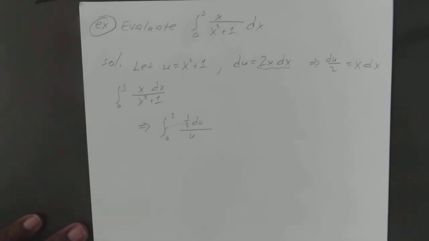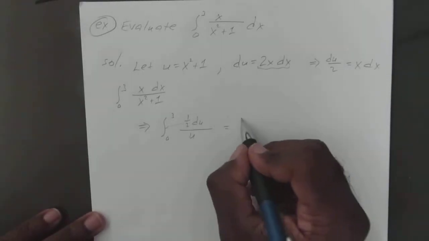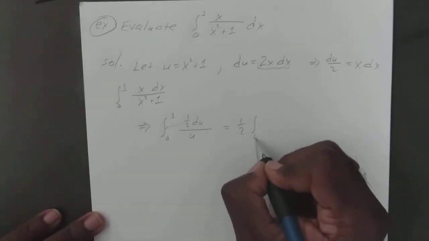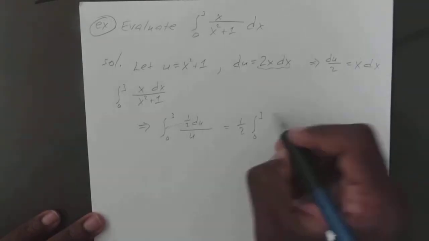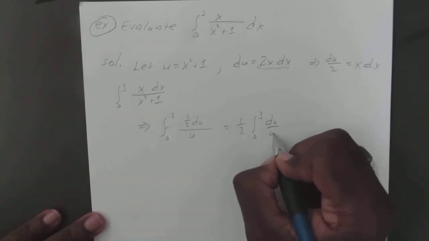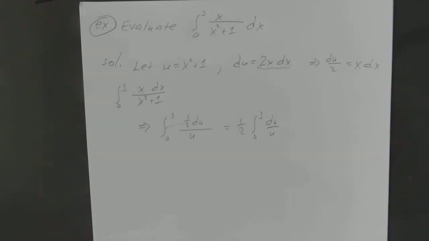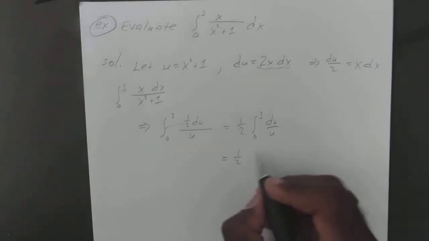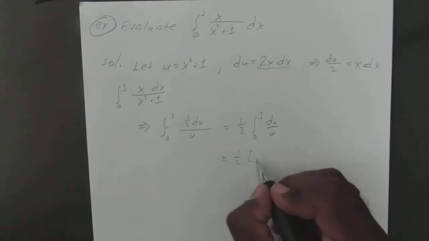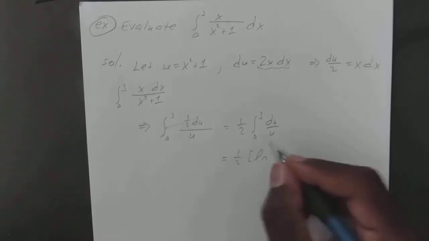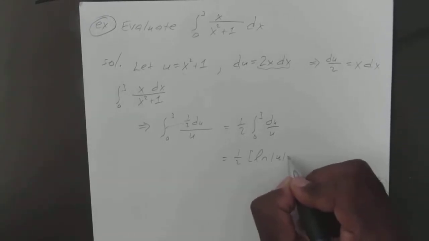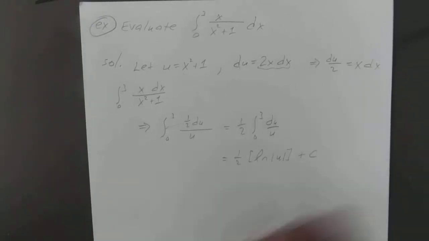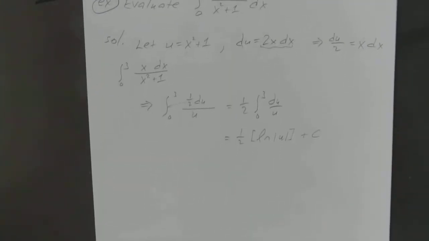So you can just get that 1/2 and bring it right to the front. So you have 1/2, integral from 0 to 3, du over u. And now you can just go ahead and plug it in. So that's going to equal 1/2 the natural log of absolute value of u plus c.